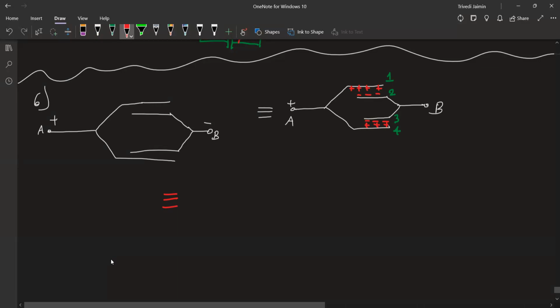How many capacitors will be there at least? Tell me. How many capacitors? 4, sir. 3. Okay, I'm getting 3, 4, 2. Anyone has one as the answer? Nobody gave one.